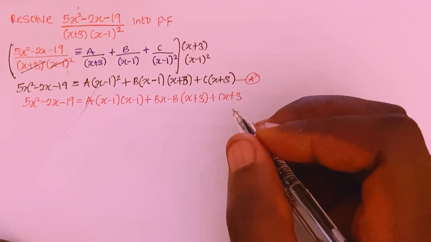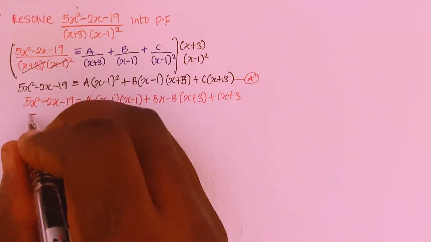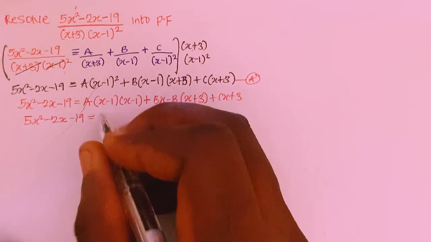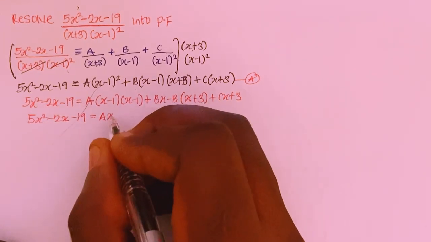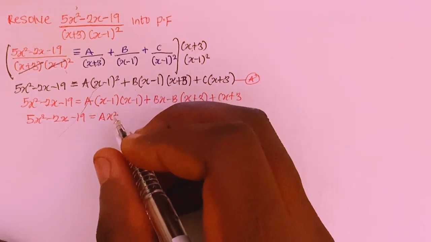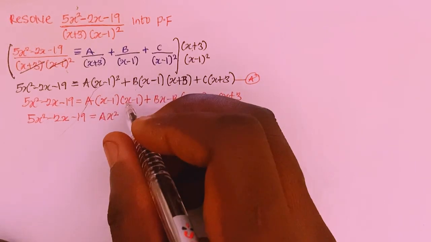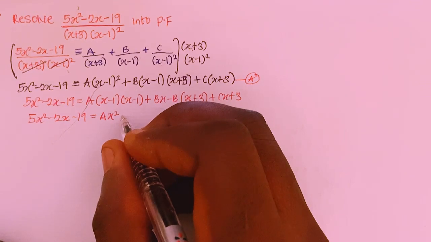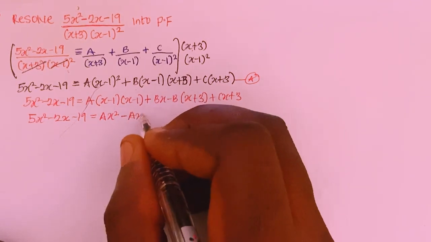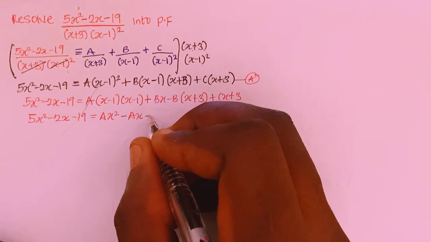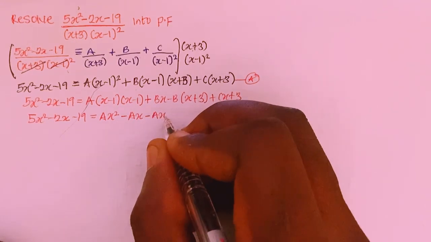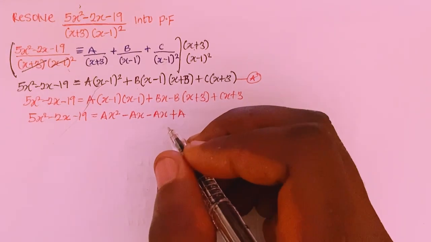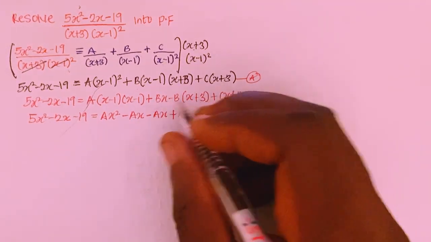By opening the brackets further, I'm going to have 5x squared minus 2x minus 19 equal Ax squared, then minus Ax, then again minus Ax, plus A. Now I will go ahead and expand this one also.